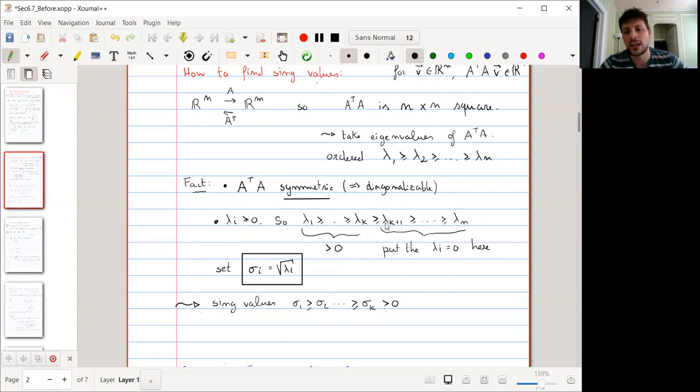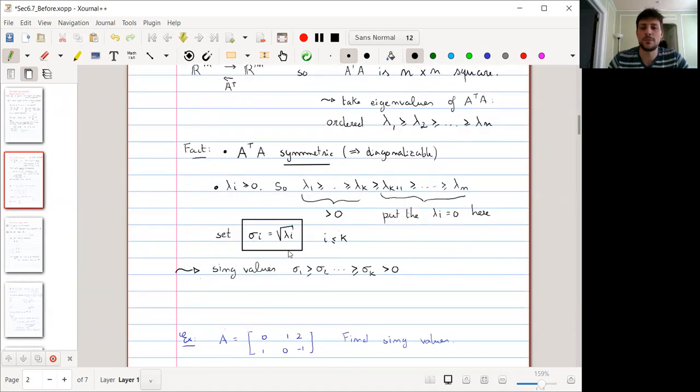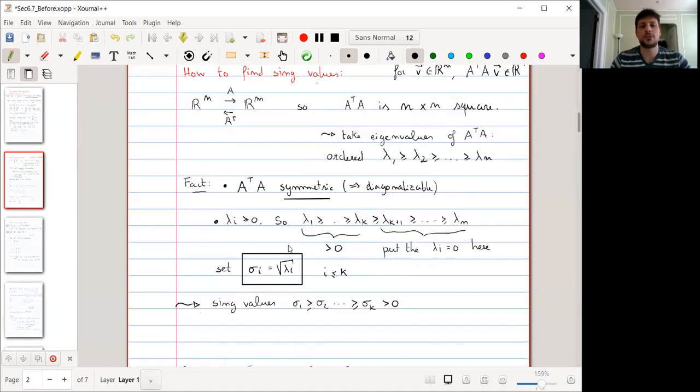And the last from k plus 1 to n, those are all going to be 0. So now I'll define the singular values for all of the non-zero eigenvalues of A transpose A as their square roots. In other words, after this process of looking at the eigenvalues of A transpose A, we get a list of singular values that are ordered and they're all positive numbers.